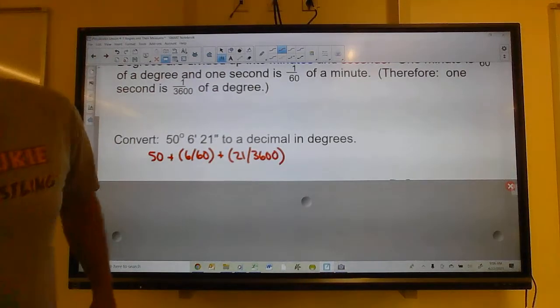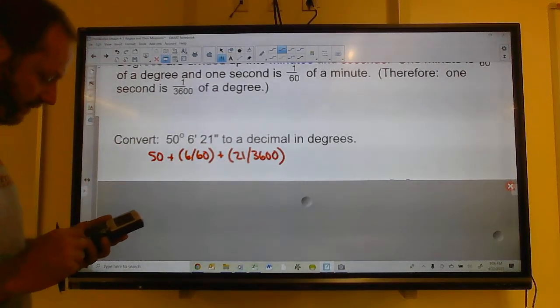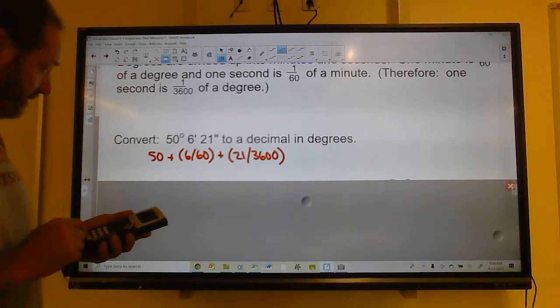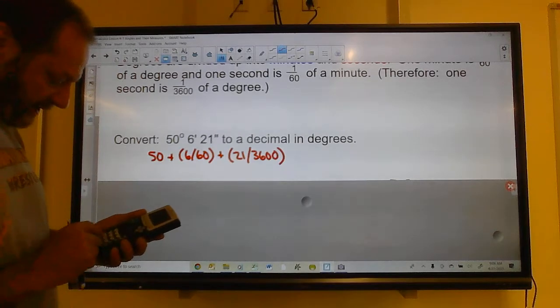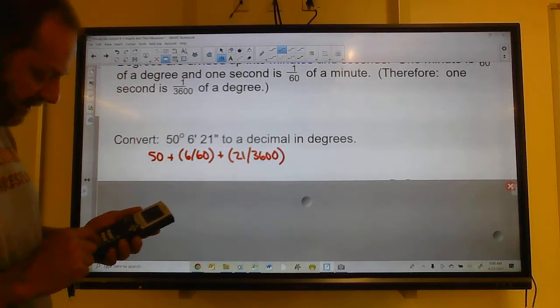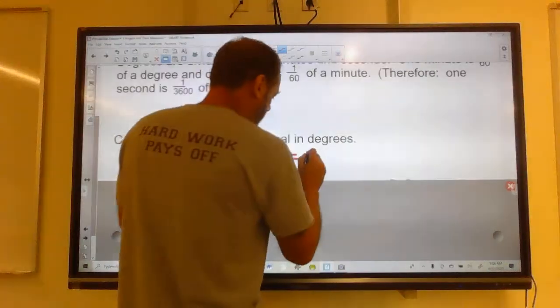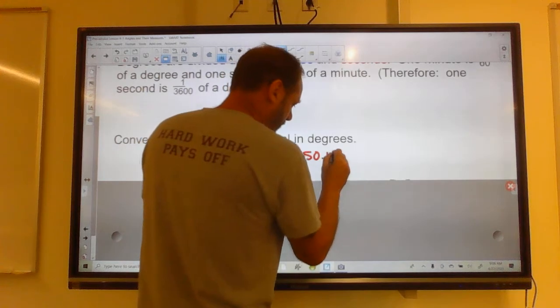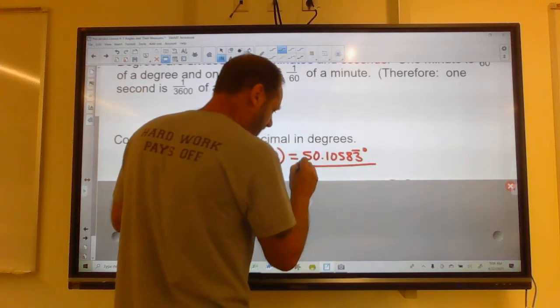We're just going to type it just like that into our handy-dandy TI-84 Plus C Silver Edition graphing calculator. So 50 plus open parentheses 6 divided by 60, close the parentheses, plus open parentheses 21 divided by 3600, close the parentheses. Bam! This is 50.10583 repeating degrees.